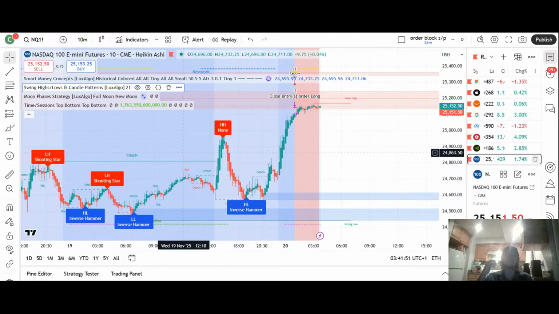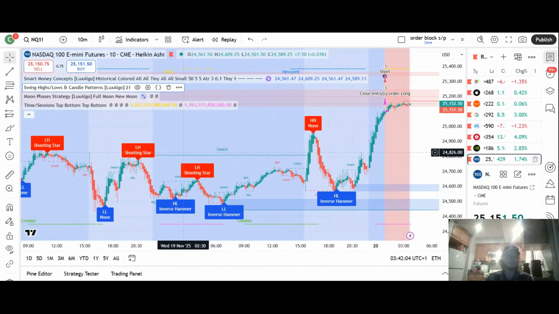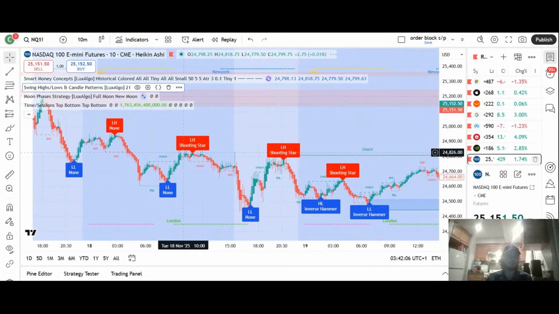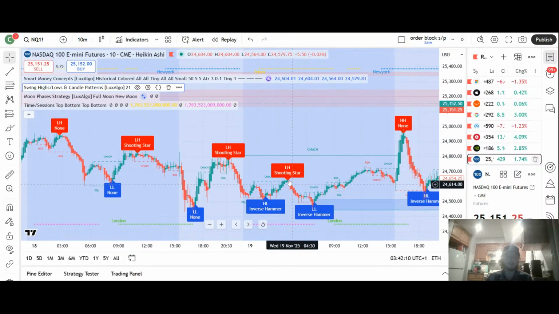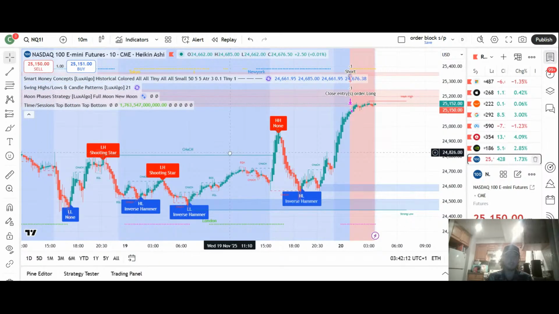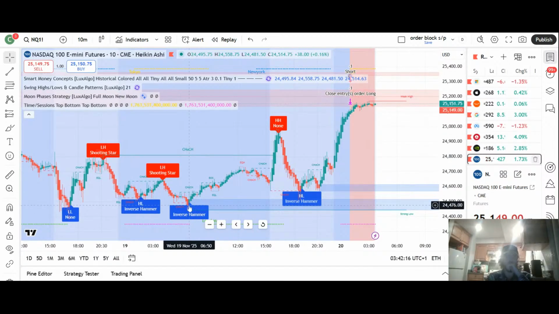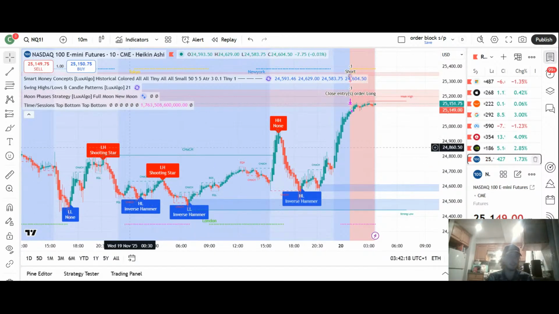Because with dojis, there's gravestone, there's morning star, there's inverse hammer, and something else, and then there's none. Those are like 4 or 5 of them pretty much. And that's what it helps you with here, to understand when it's a reversal. So these charts are very good for reversals, change of structures, break of structures. So very, very strong too.